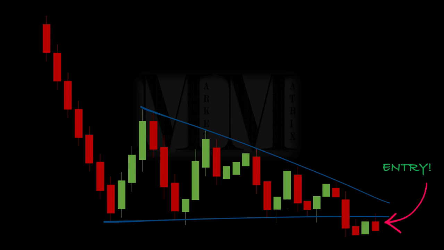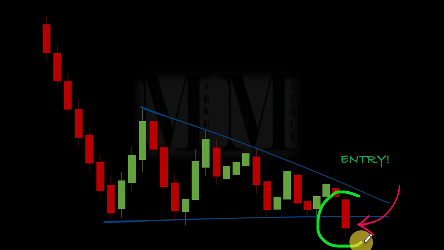So once we get that, what we want to do is wait and see. Here's the thing about this. This is just like the ascending triangle. If you watch that video, we spoke about there being different entries. The entries are going to be based off of your trading style and your risk tolerance. So here is one entry: once it breaks and closes below this trend support over here.